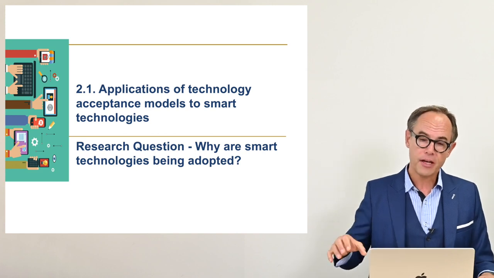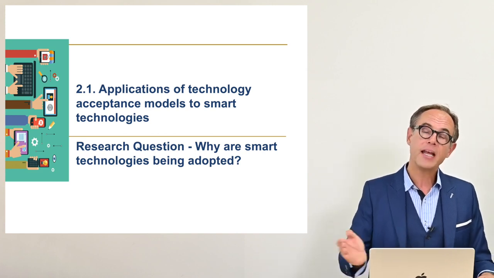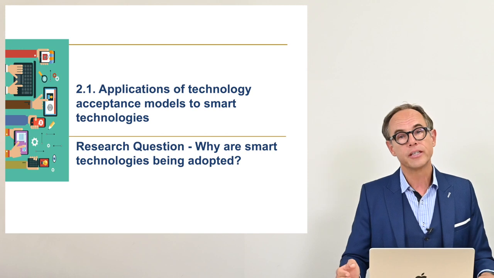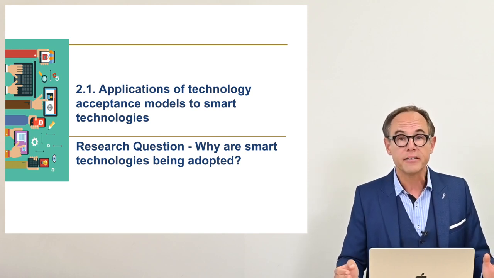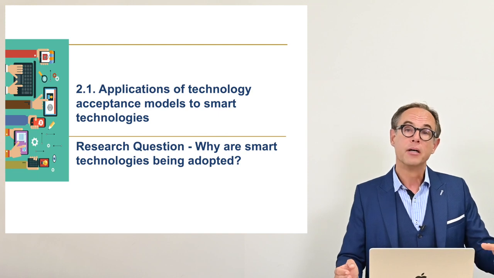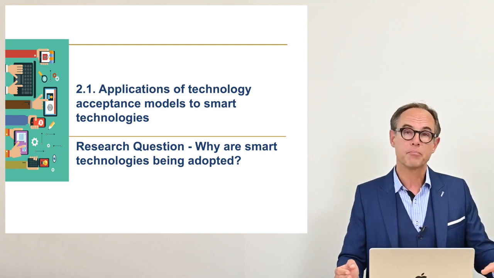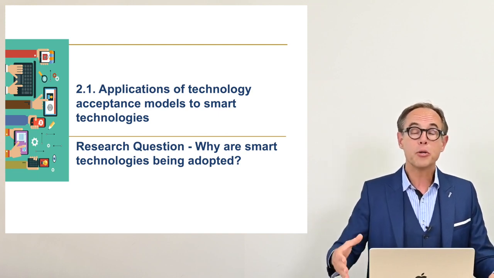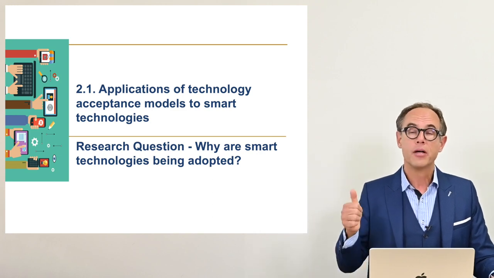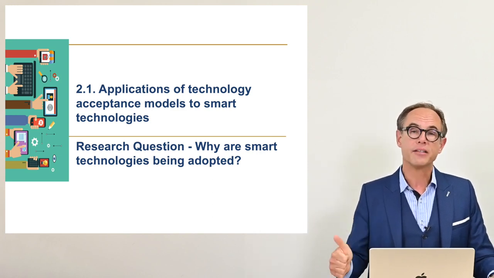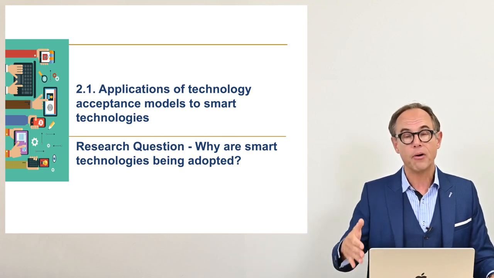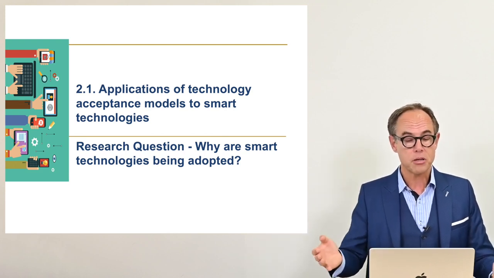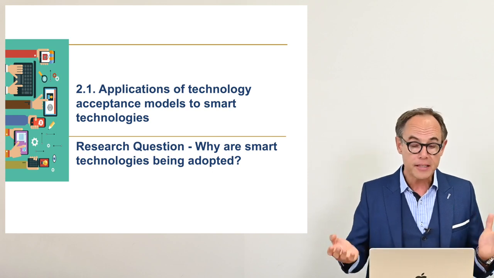I will show you other related theories, how you can enhance these theoretical technology acceptance models, which are highly utilitarian, so which take into account rather utilitarian acceptance factors, and how you should and could enhance them with social and affective factors. So this is the overall aim of this chapter about applications of technology acceptance models to smart technologies.